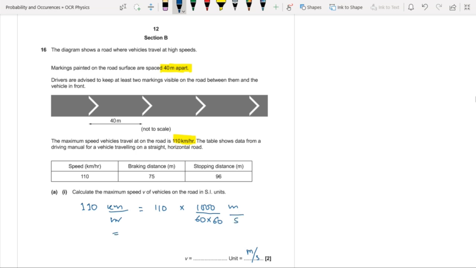So the final answer would be 30.55, and we have to convert it to two significant figures, so that would be 31 meters per second. That's two significant figures, so 31. All right, moving on.